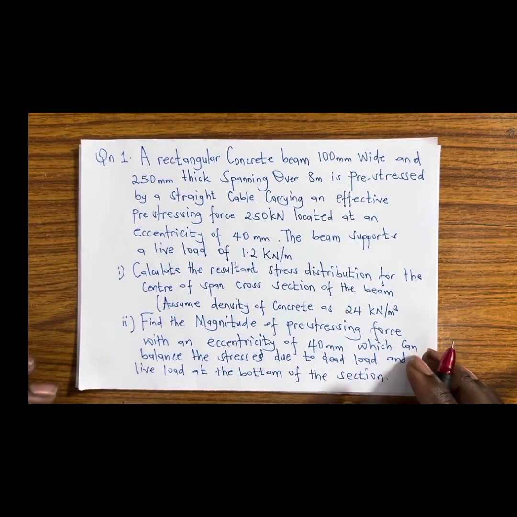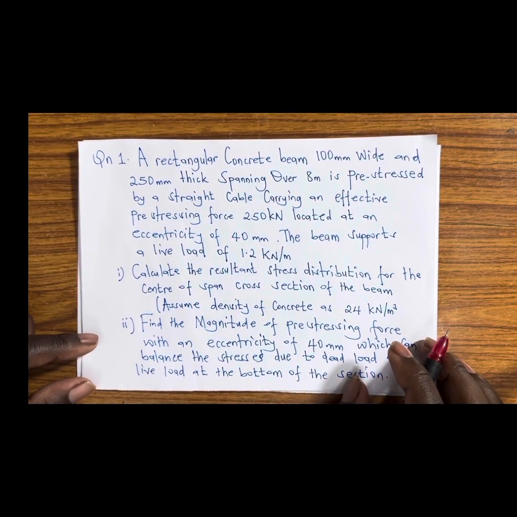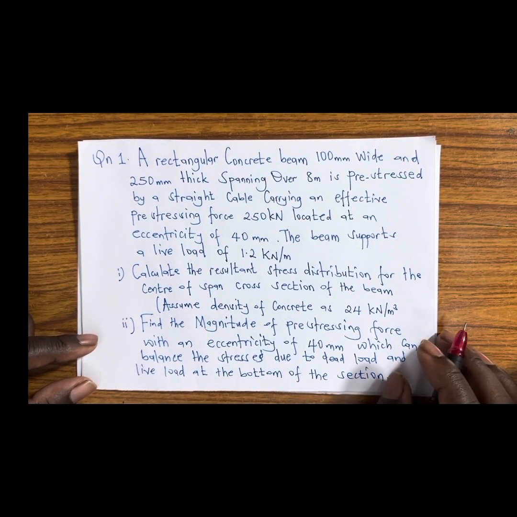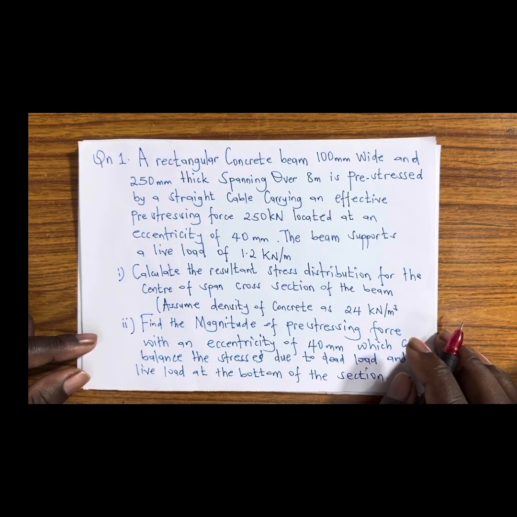So let's dive in and see how to handle the first problem under this topic. Let us have a look at our first problem under this topic of pre-stressed concrete.